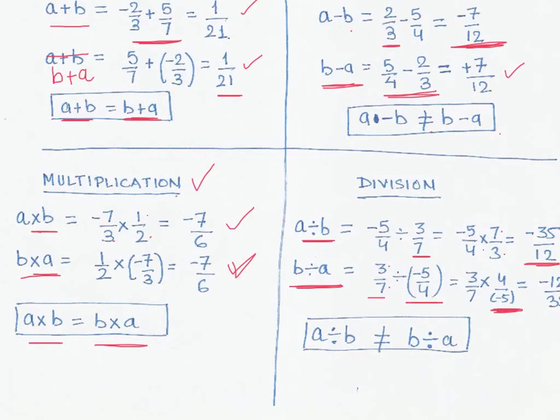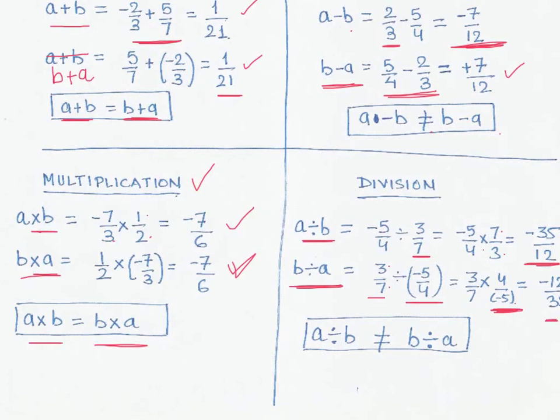Now remember, I have done 4 by minus 5. It really doesn't matter whether you have a negative in the numerator or denominator. You can always put a negative sign in front. So this minus will go up in the result as it's shown over here. So 3 times 4 is 12 and 7 times 5 is 35. So we get minus 12 by 35 over here.